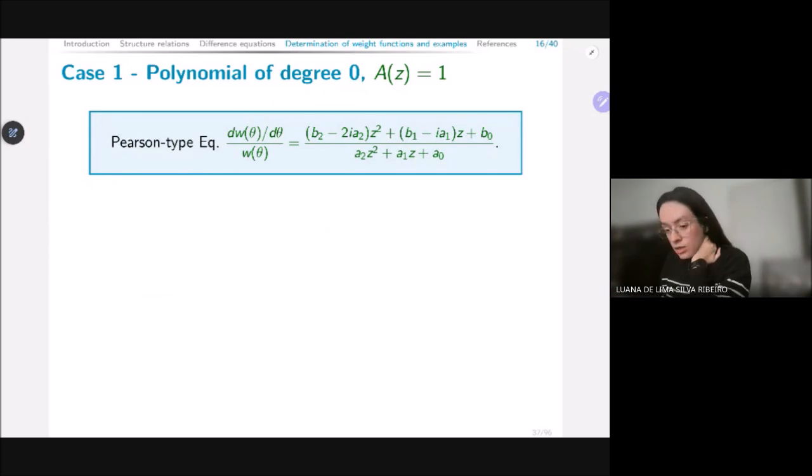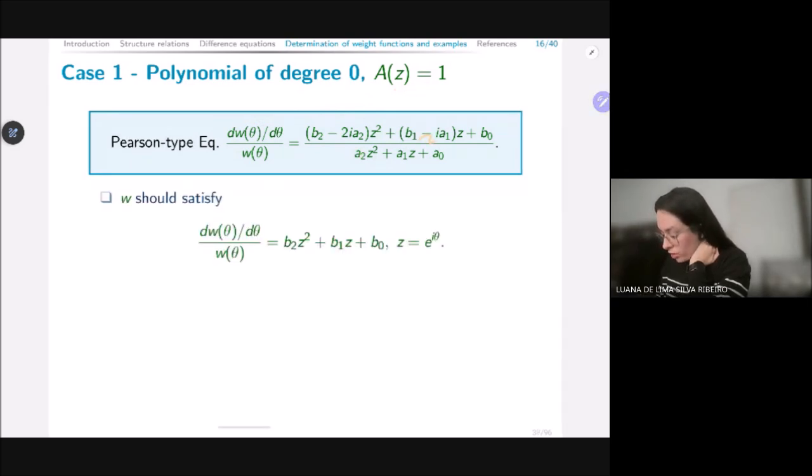So let's consider the first case. Let's take a look at the idea for all possibilities of the weight function w when we choose A(z) a polynomial of degree 0. So here in the formula, we have here a0 equal to 1, here 0, 0, 0, 0, and we have this, where z here is e^{iθ}.